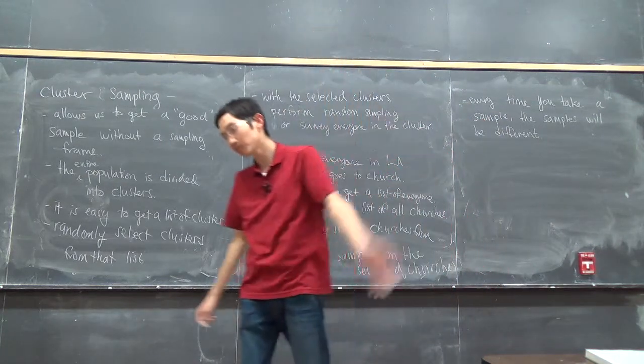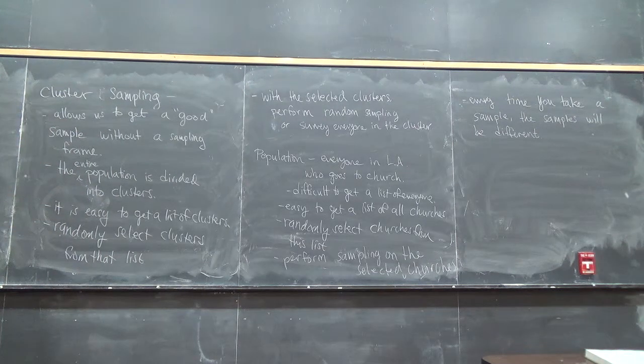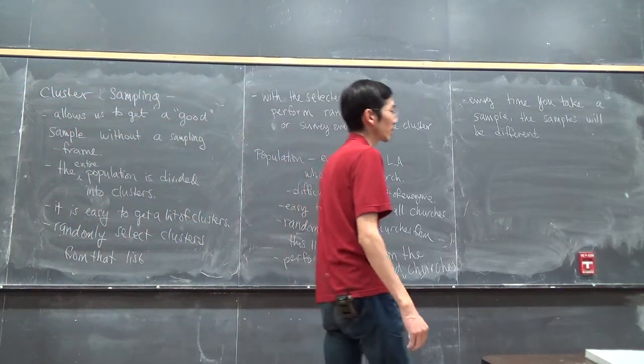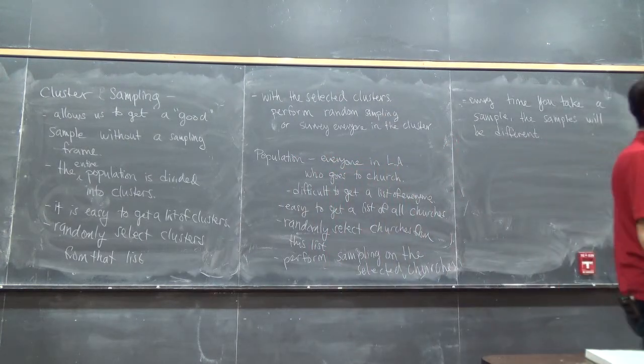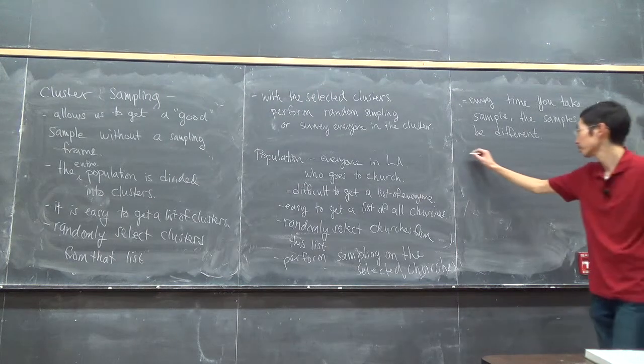So if I take 100 random people, and then I take another 100 random people, even if the first sample I put back in the population, I'm probably not going to get the exact same group of people, okay? And if the first random sample of 100 people had 52 females, if I take another random sample of 100 people, maybe I will get 50 females, okay? So every time we take a random sample, the samples are different, and the amount of variation that we see from sample to sample, that is called sampling error, okay?